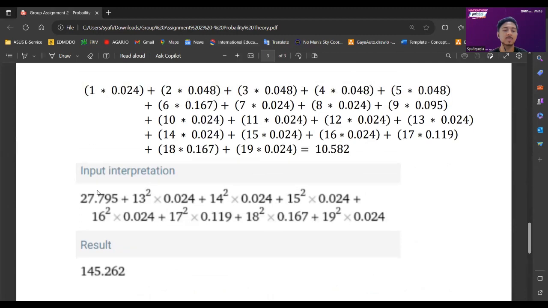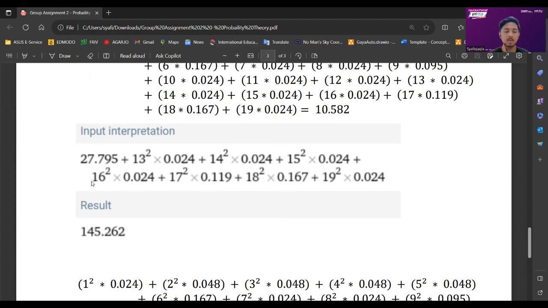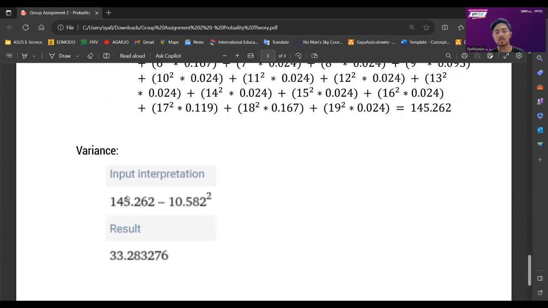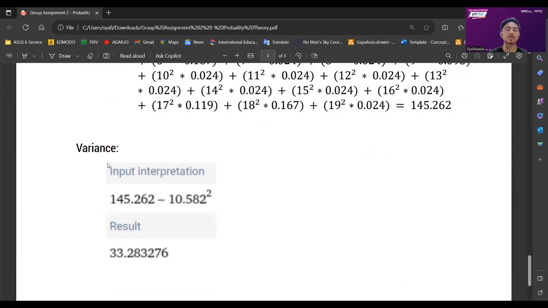For the mean square, E of X squared, the result is 100.045262. For the variance, we just need to subtract the mean squared from the mean square. Sorry, I was wrong.